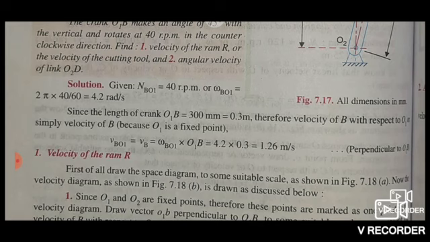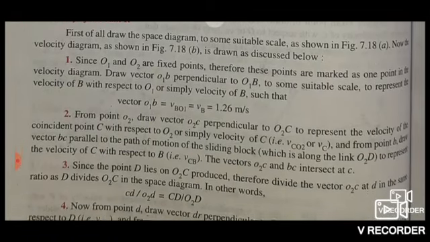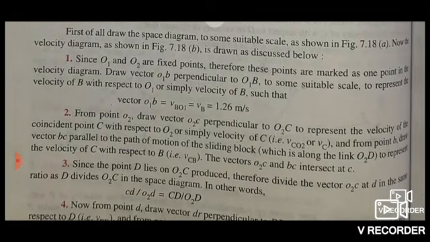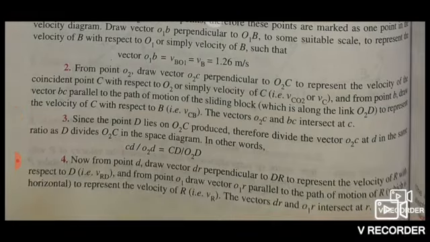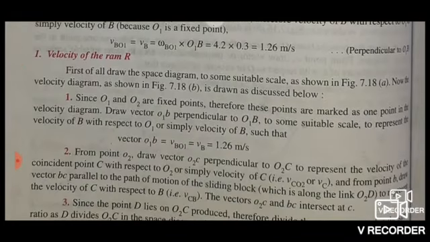To find the velocity of ram, first of all, draw the space diagram to some suitable scale as shown here in figure 7.18a. Now the velocity diagram.